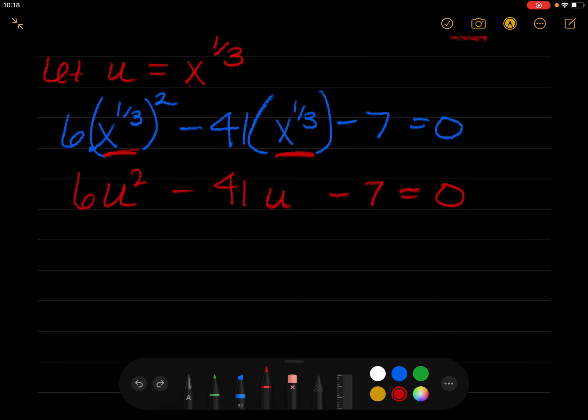Now we can choose a strategy to solve that quadratic. For this one, we have 6u squared minus 41u minus 7 equal to 0. Looking at it, the first thing I see is 6 and 7. If I multiply those two, I get 42, and that's 42 times 1. The difference there would be 41.